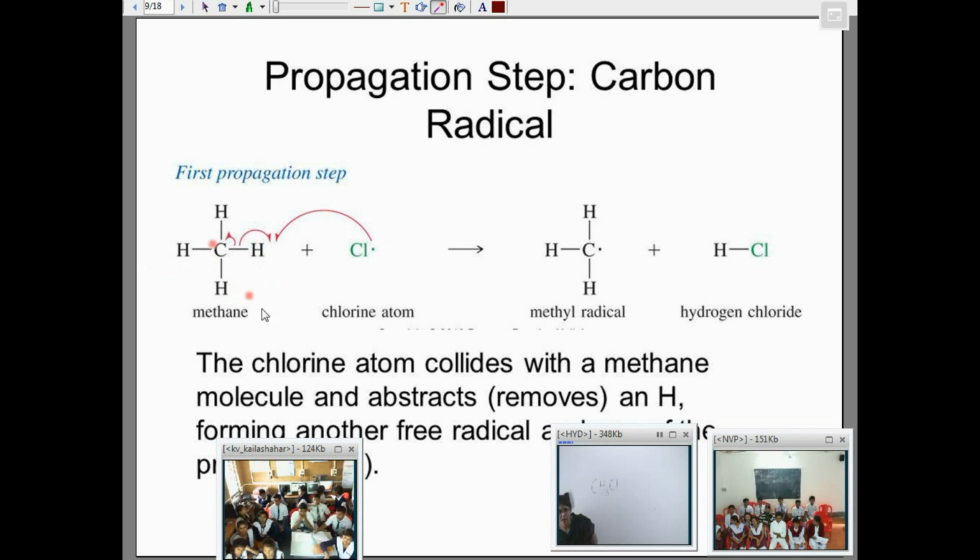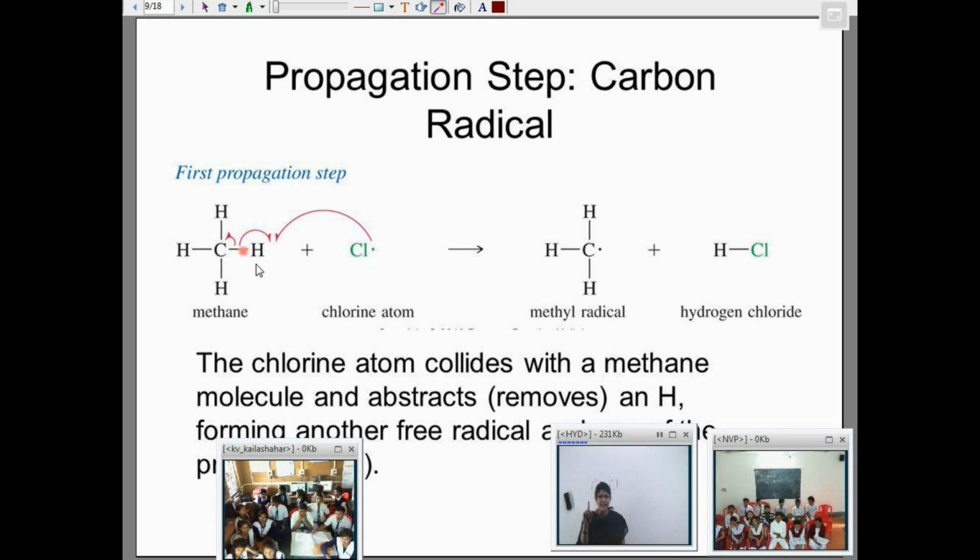But look here at what is important. Can you see the single bond between the carbon and hydrogen? Yes, ma'am. A single bond is formed between how many electrons? See children, this carbon has 4 electrons, 1, 2, 3, 4 in the outermost shell, and hydrogen with its 1 electron forms a bond.